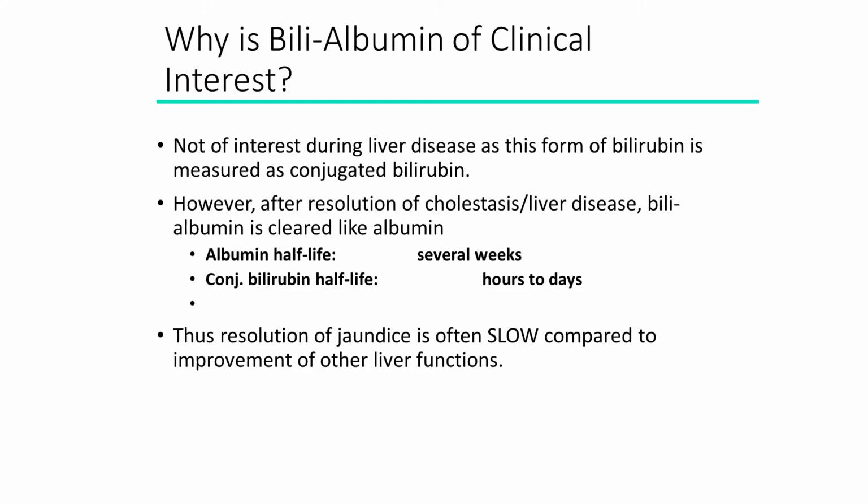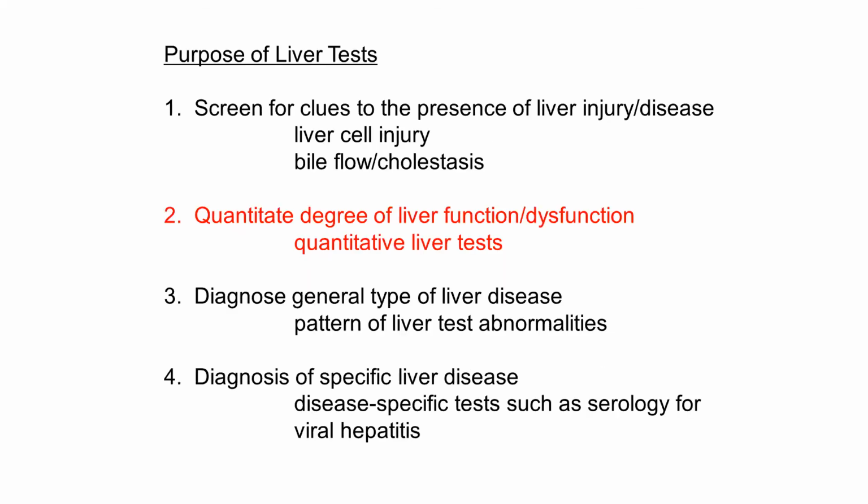So the other markers of liver problems have improved, but because bilirubin is still bound to albumin, which has a half-life of several weeks compared to hours or days only for conjugated bilirubin, that level of bilirubin in the blood is not easily eliminated. And therefore there's a prolonged resolution of jaundice in this situation.